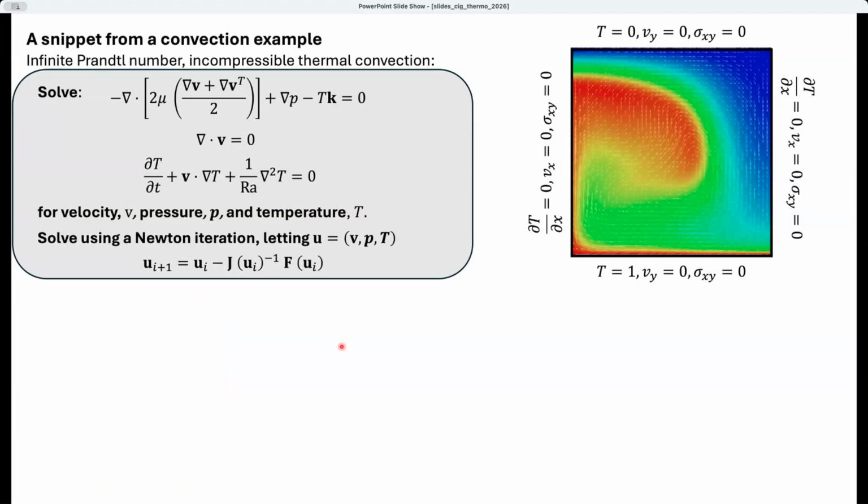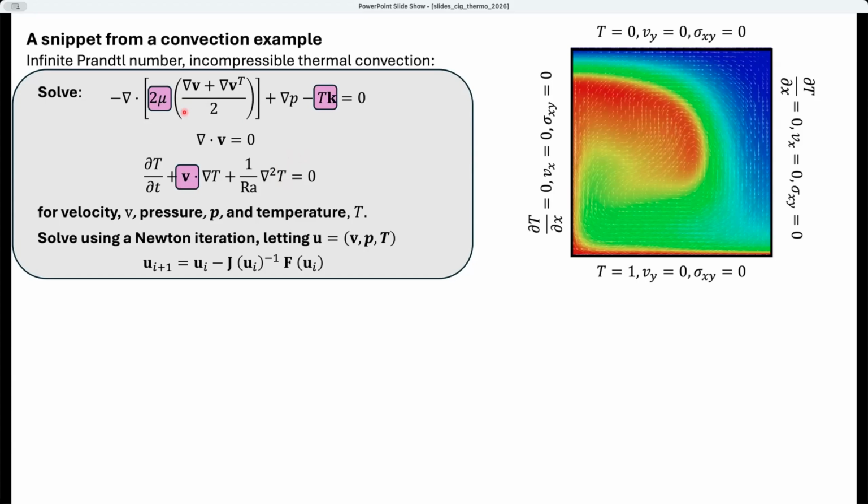So here, this is just an example of incompressible thermal convection, where we have coupling both between the equations and, depending on the rheological model, possible nonlinearities within the momentum equation itself.